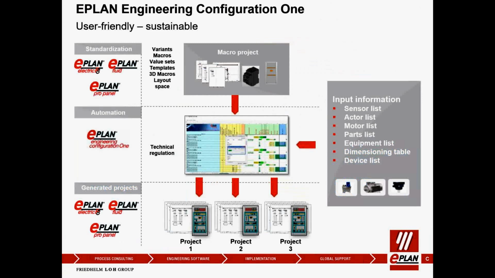It'll all make sense when I demonstrate this to you. Then we add to this the automation functionality, which is basically using the Excel sheet with these sensor lists, actuator lists, and motor lists, and associating these macros into the mix. And what the EEC1 tool would then start to generate at the bottom is project 1, project 2, project 3, regardless if they're completely different, but it will do it in an automated fashion. And this is what we're trying to demonstrate here.